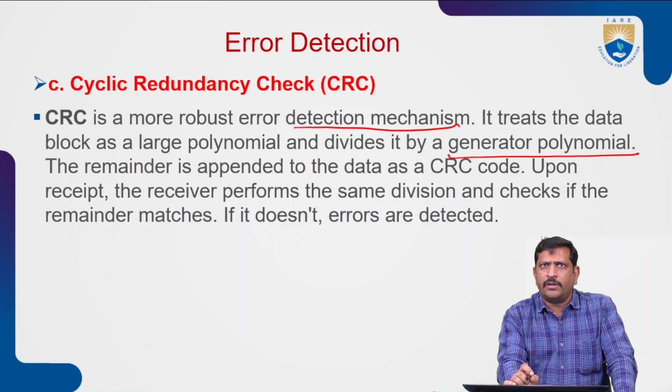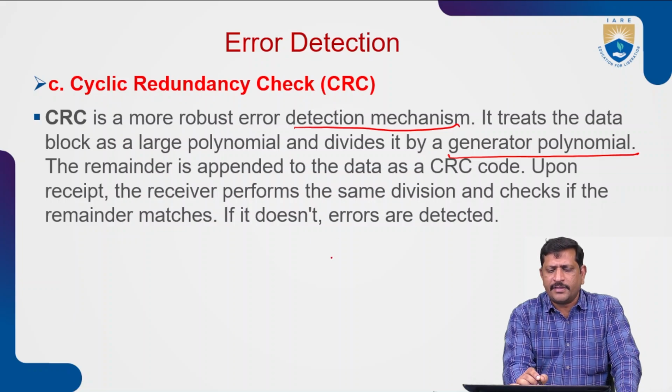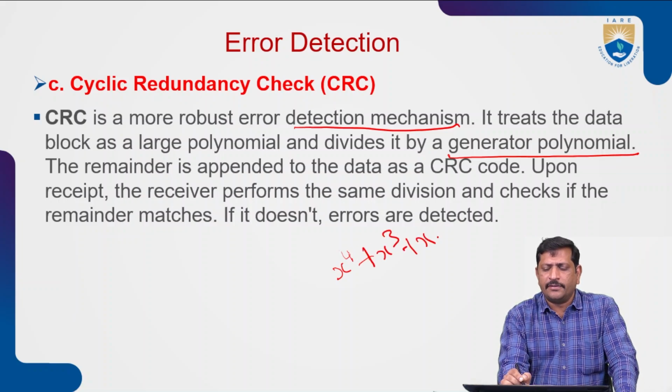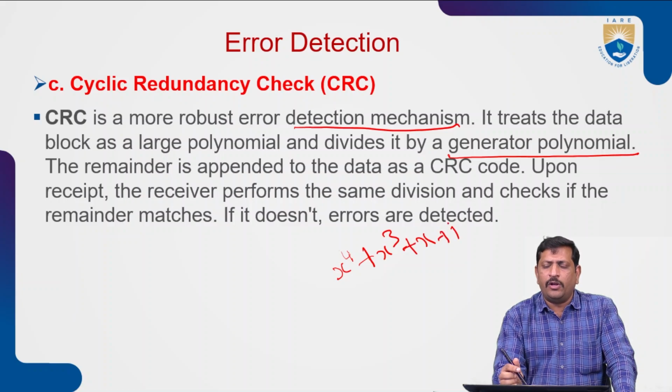For example, bits can be generated from the polynomial equation. How can you generate the bits from the polynomial equation? The coefficient values are considered. For example, take x to the power of 4 plus x to the power of 3 plus x plus 1.